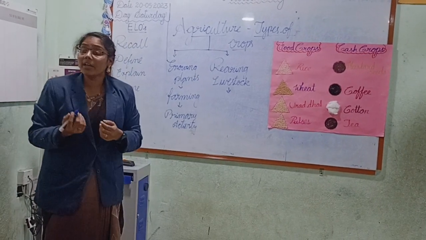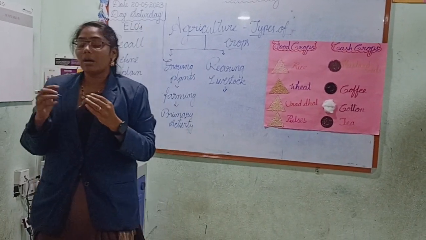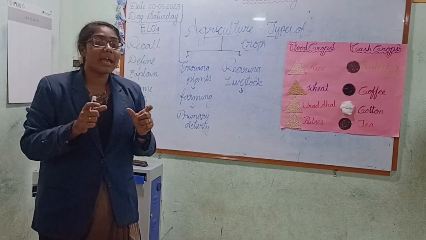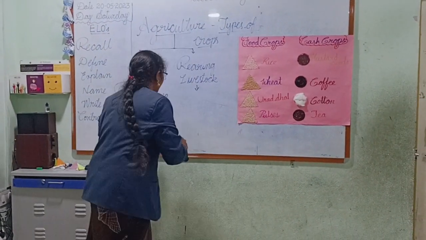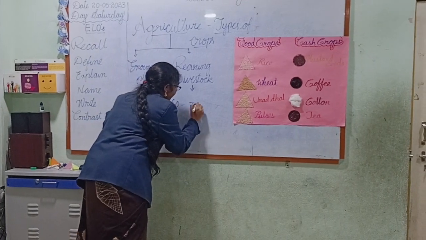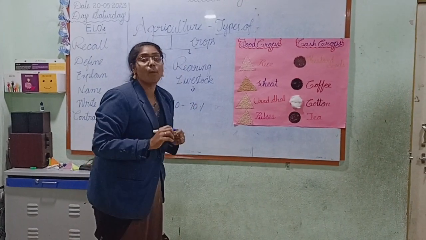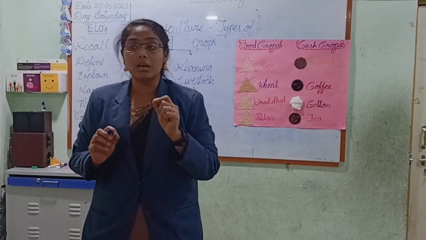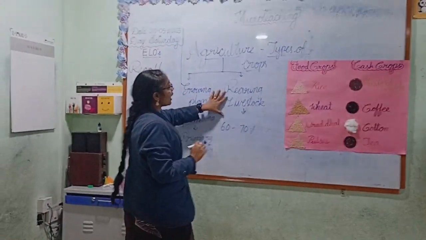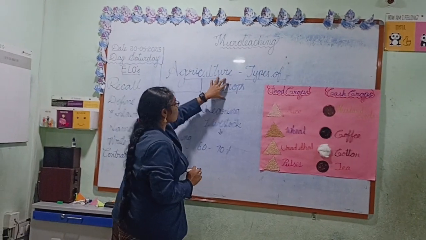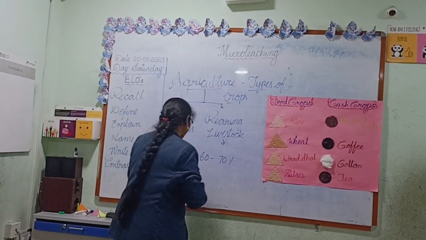Children, as we already know, agriculture is the main important occupation in the world, right? On an average, 60 to 70% of the world's population depends on agriculture. Got it? Now let us see the different types of crops in the agriculture field.